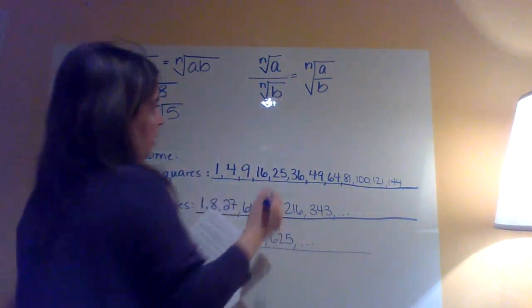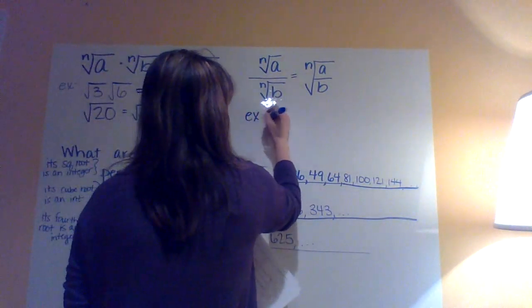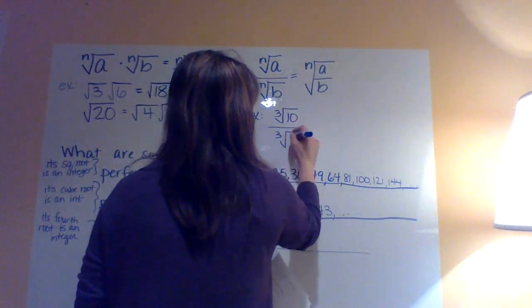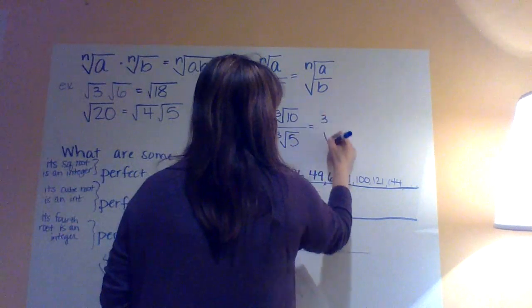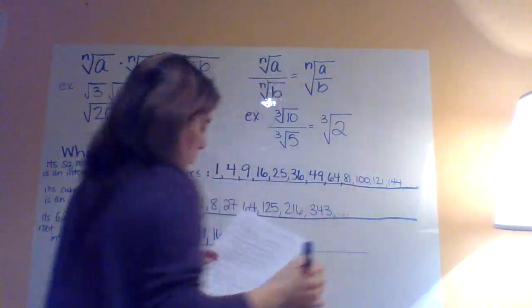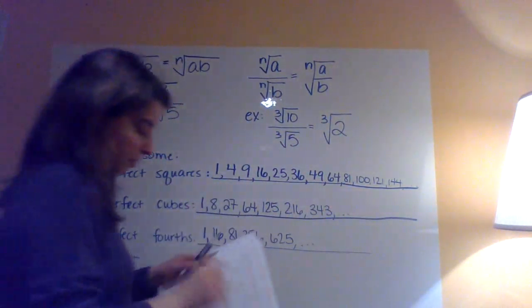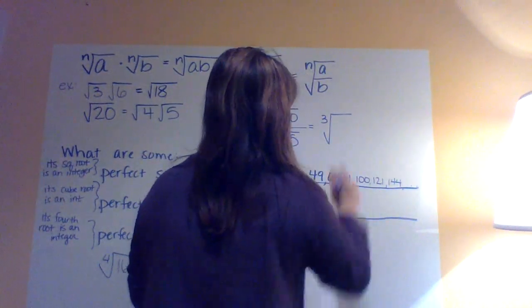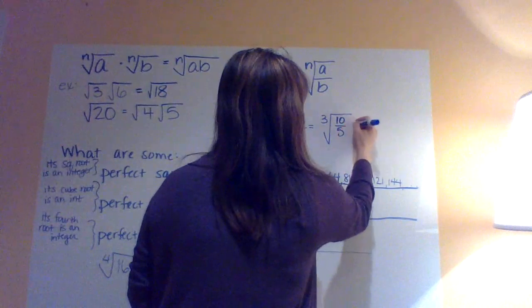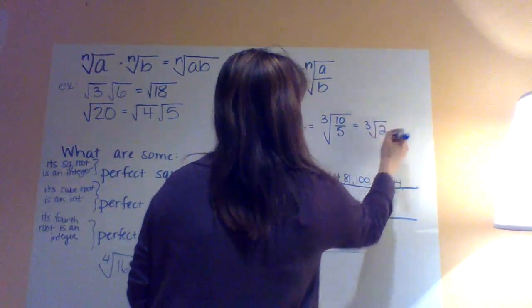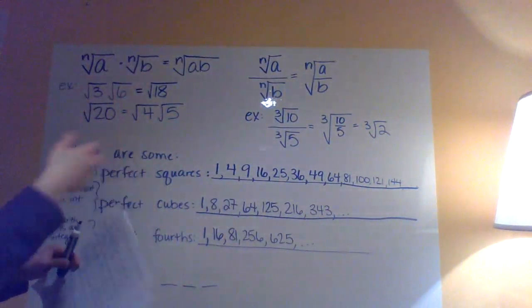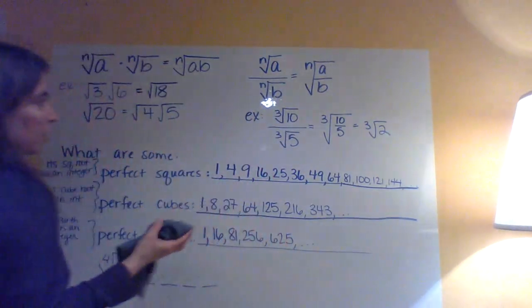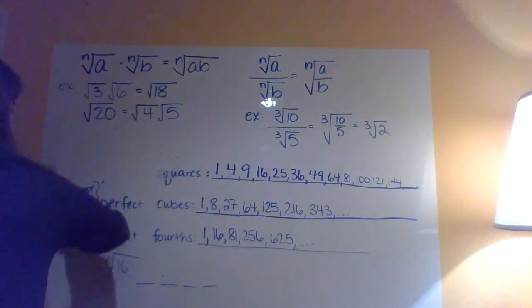So for example, let's say I have the cube root of 10 over the cube root of 5. That could be the cube root of 10 over 5, which is the cube root of 2. We could do it the other way also, but generally you don't see it going the other way.